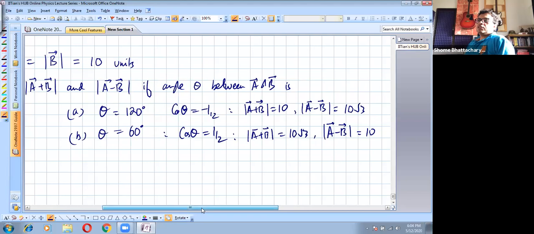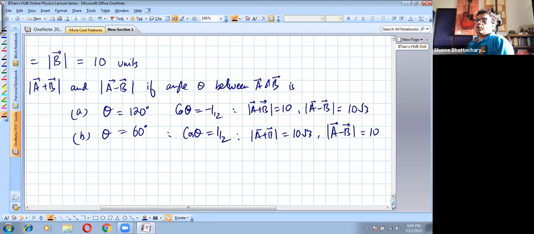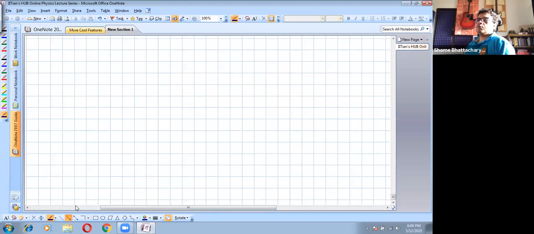But actually through this question I want to illustrate one important point to you which you can understand from parallelogram. If we draw two vectors A and B and using them we draw a parallelogram where the angle between them is obtuse, then we always get a parallelogram which looks like this.